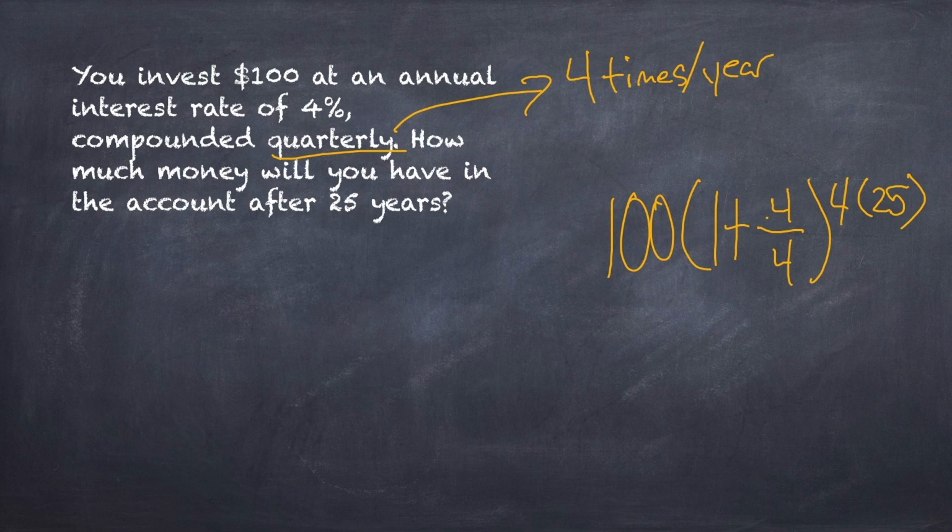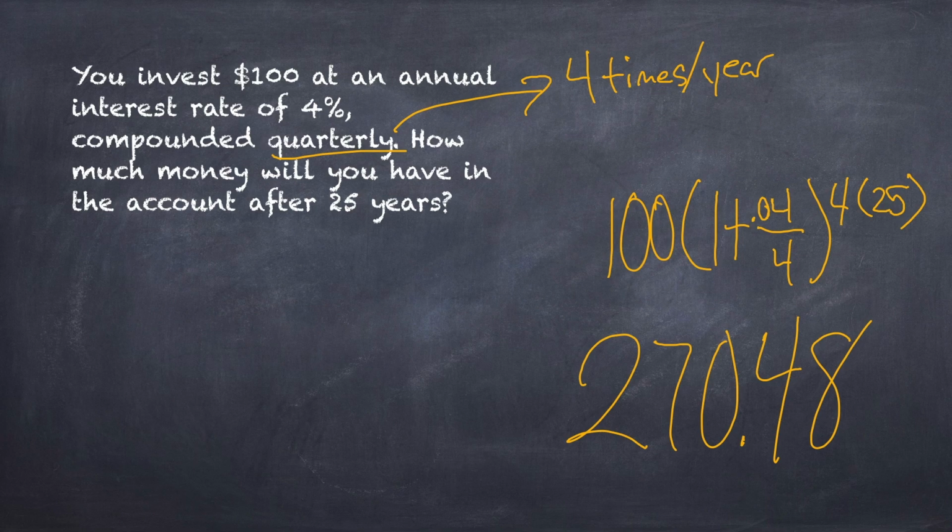I realize I made a mistake. This is not 0.4, it's 0.04. Let's try this one again. 100 times 1 plus 0.04 divided by 4 to the 4 times 25. And you will find that over the course of 25 years, you have $270.48.